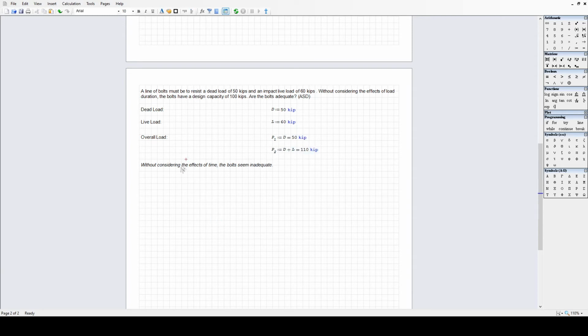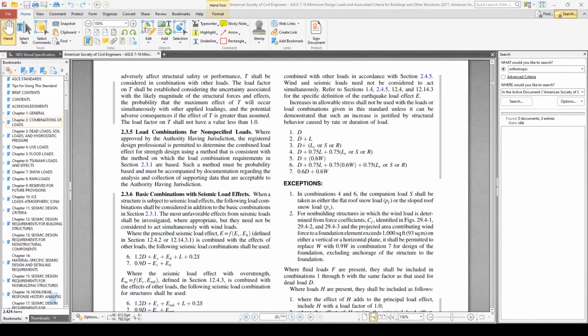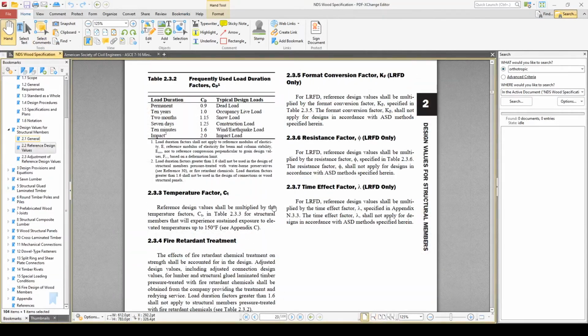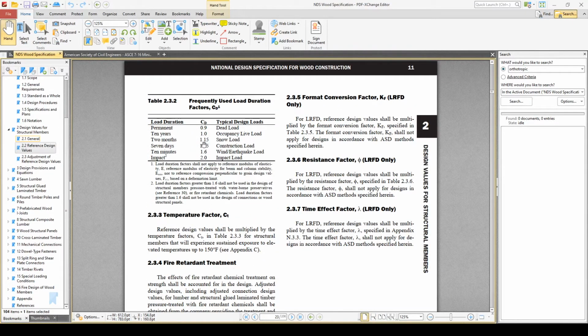Okay, so let's see here. What we now need to consider is the effects of time on resistance, I should say. So let's go back to our PDF, and we'll look at the NDS, and we want to look at table 2.3.2.